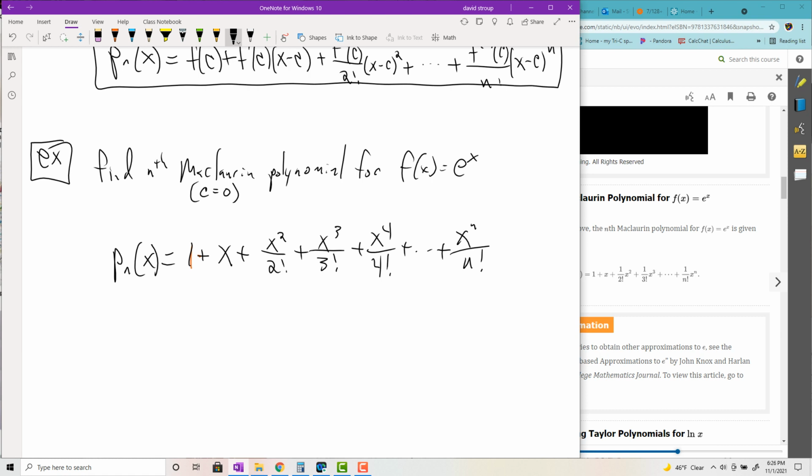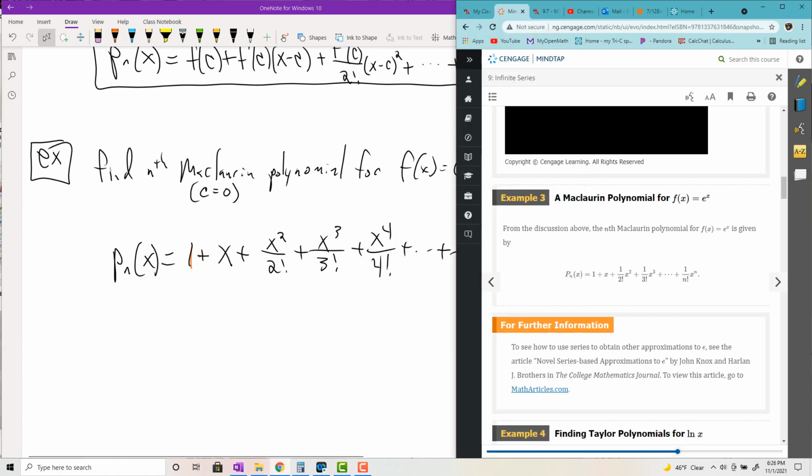Okay, and you look at that, that's really kind of like an nth partial sum, right? And then if we take the limit of that thing, we're hoping that that will actually equal e to the x, and we'll be coming to that conclusion in section 9.10. So we still got a little bit of work ahead of us, but eventually we'll get there.